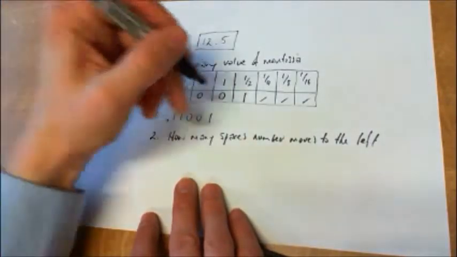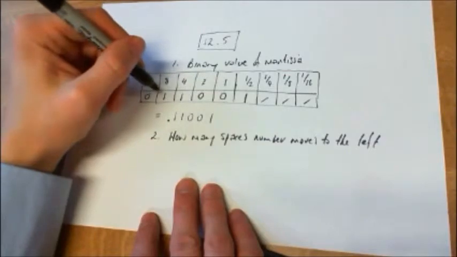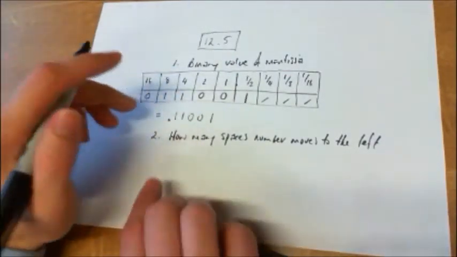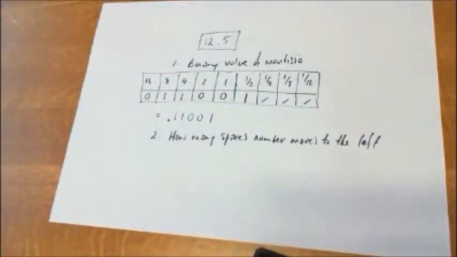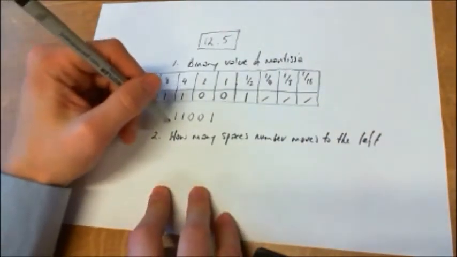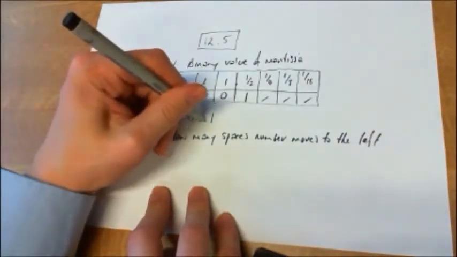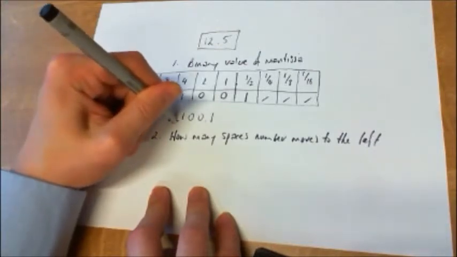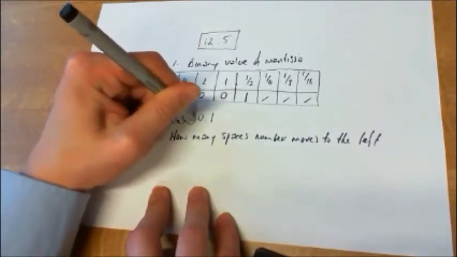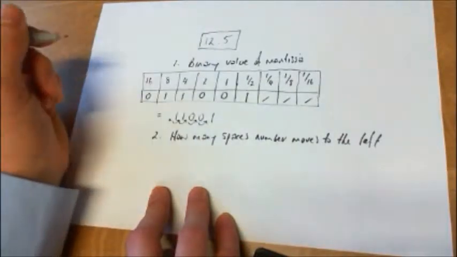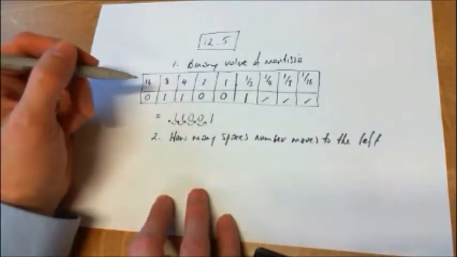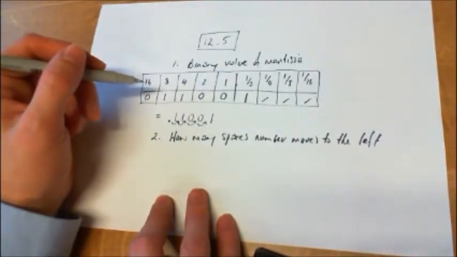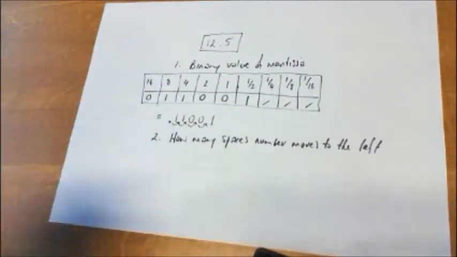Now, if we want to represent that number, our decimal point has to move. Let me just change pens for a second. Our decimal point has to move to there. So that's 1 space, 2 spaces, 3 spaces, 4 spaces to the left. Okay, so the numbers have to move 4 spaces to the left to get back into its original sequence.